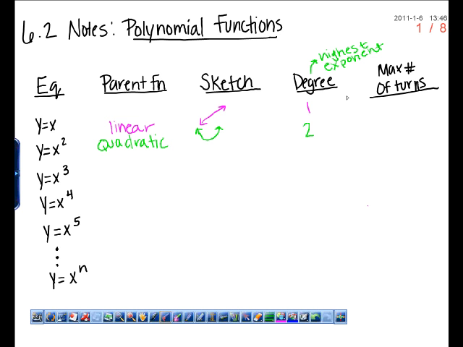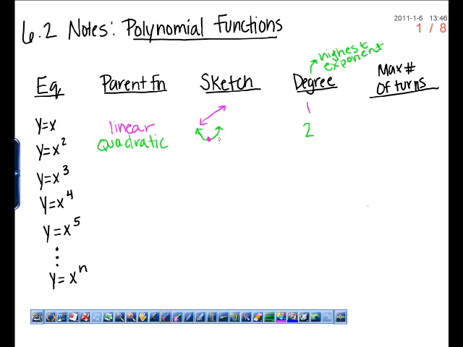What I mean by max number of turns, I mean how many times does the graph change directions? How many times can the graph change direction? So look at a quadratic. Yeah, we go down, and then right about this point, we're going to change and go the other direction. So how many times, though, do I change?